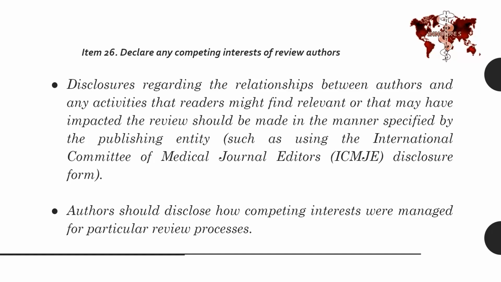This is all in a bid to just reduce bias. It is also important that if there are authors with such competing interests, you report how they were managed for particular review processes. So this could be managed by preventing such authors from performing risk of bias assessments.